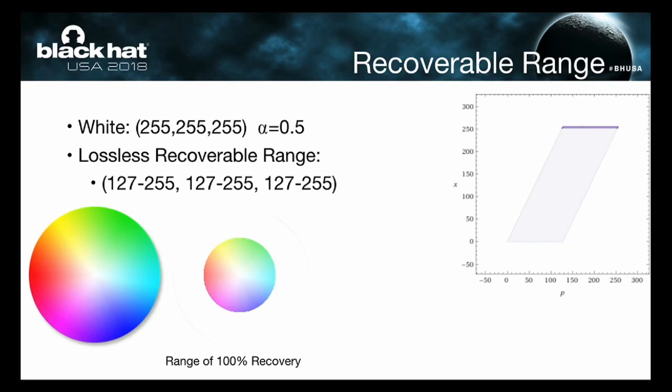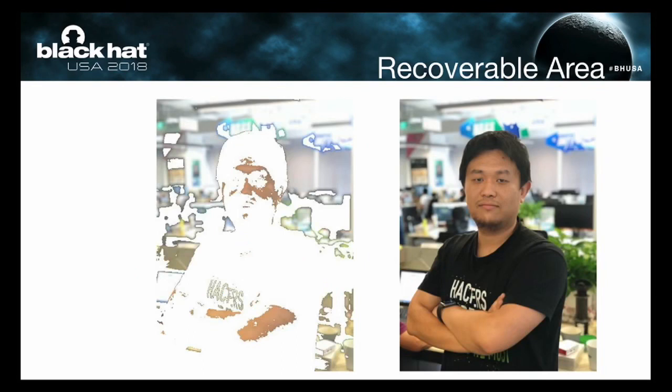If we add some tolerance for human eyes, like 90% recovery, it gets a little bigger. So this is my picture, and the recoverable area lies in here. Which means if you place a watermark in these areas, it can be actively cancelled.